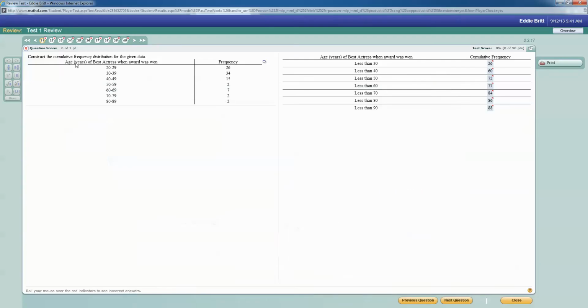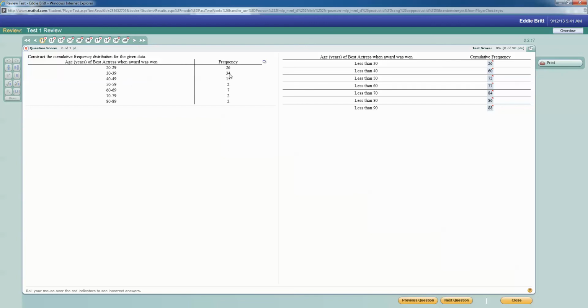Alright, so for this problem, less than 30, so we want to take 26. Put 26 in the table. Alright, less than 40, that's going to be the sum of the first two classes. So that's 26 plus 34, 60. Less than 50, that's going to be the sum of the first three classes.